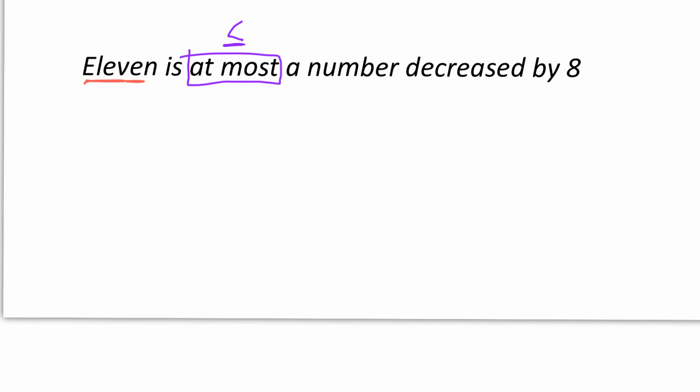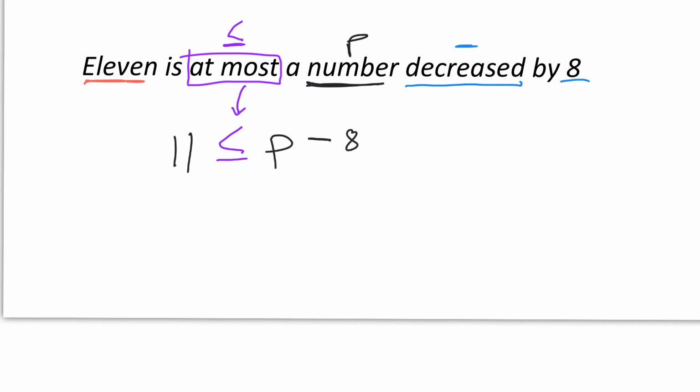For this one, I'm going to use p for the number, and "decreased" means minus, you subtract 8. So let's start with the inequality. We have at most, less than or equal to. We have 11 on the left side: 11 is at most, it's less than or equal to the number p decreased, minus 8.